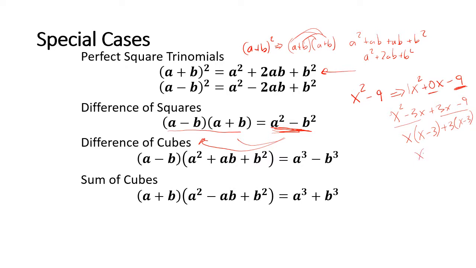Then you can factor x minus 3, x plus 3. So that's how we get to this typical way of doing the difference of squares problems. Difference of cubes and sum of cubes, really what that comes down to, honestly, is memorization. Those are a little more difficult to just naturally see, but if you did distribute this out, you would end up with just that.